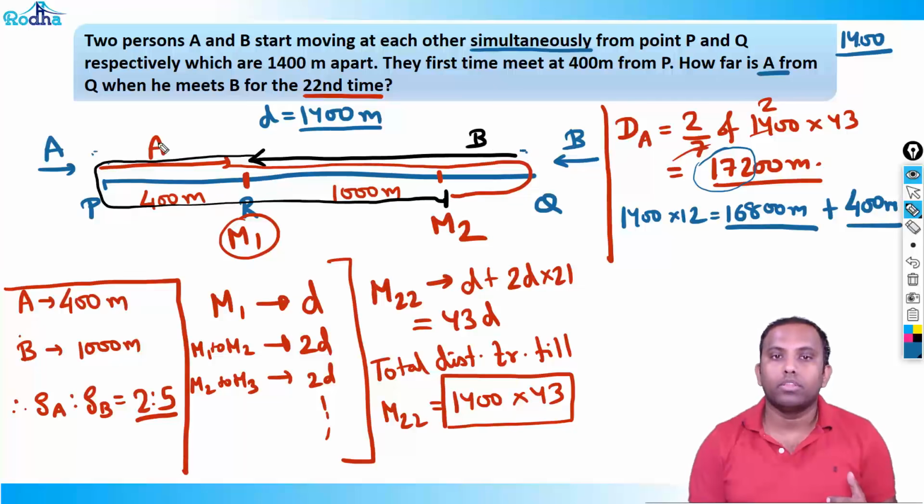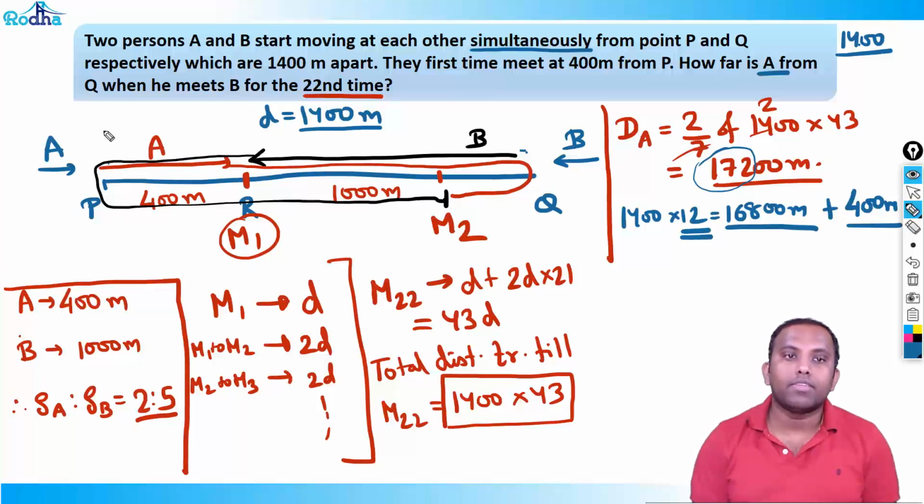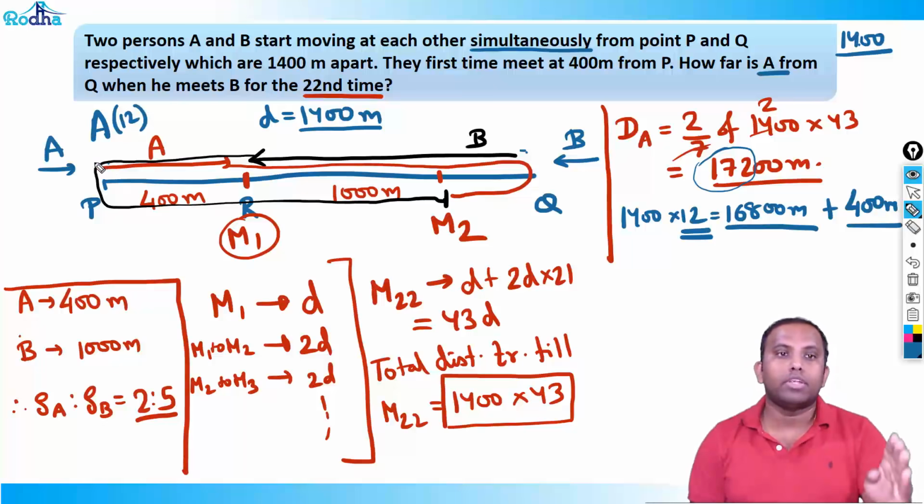So at rounds 2, 4, 6, 8, A is at P. Now 12 is an even number, so after taking 12 complete rounds, A again reaches P.